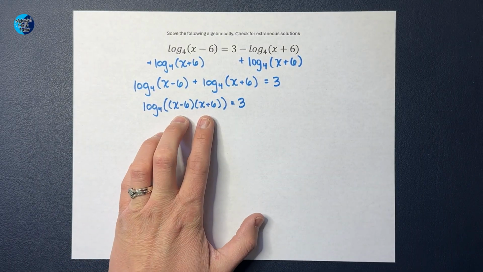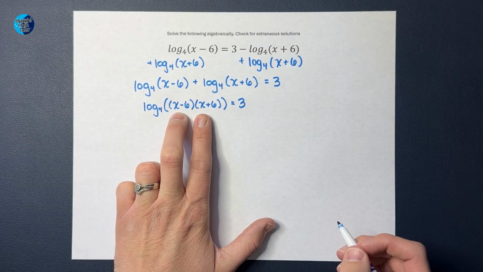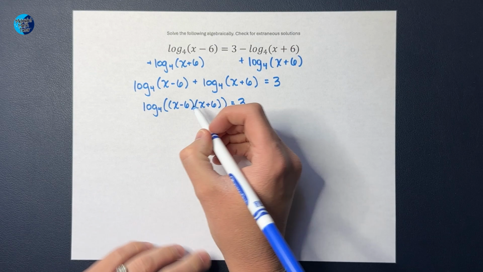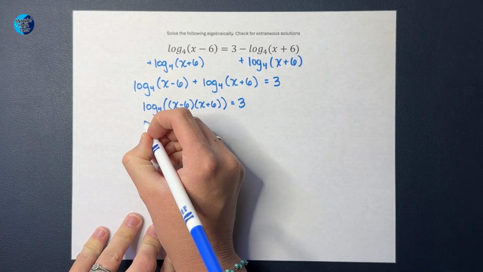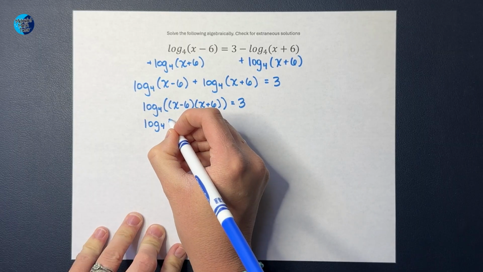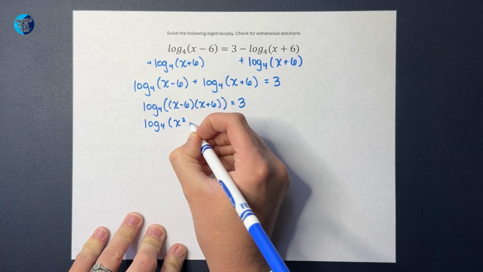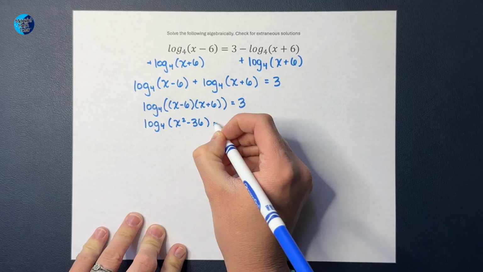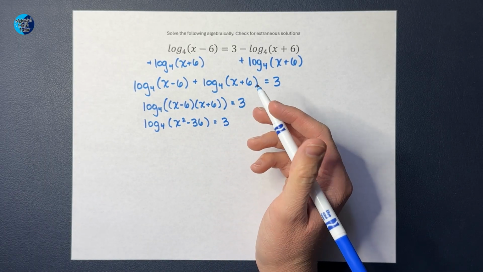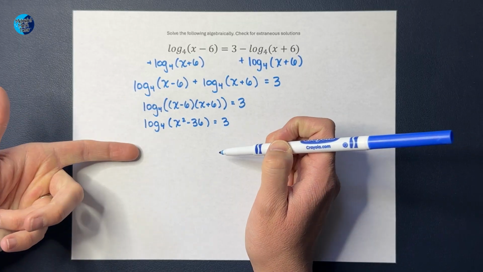That rule tells me I can rewrite this as one log with those being multiplied. Now I'm going to go ahead and multiply these out, and I will get log base 4 of x squared minus 36 equals 3.